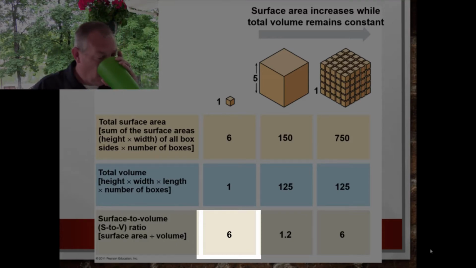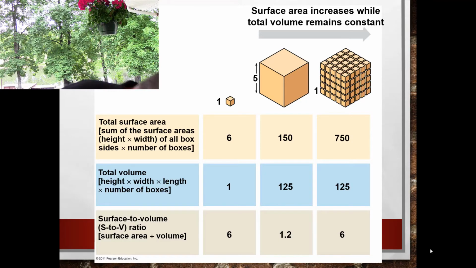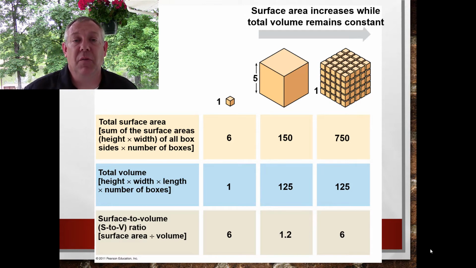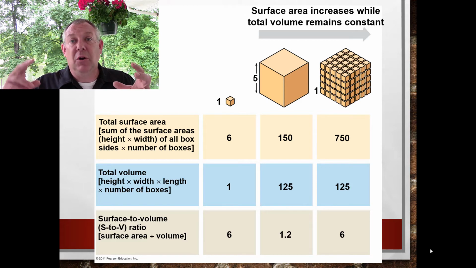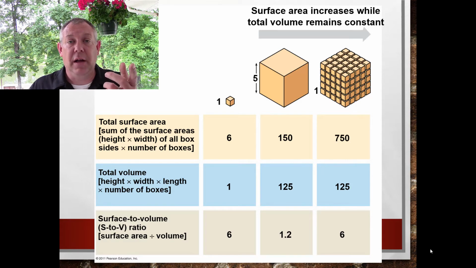Now, imagining that's a cell, we look at the evolution of organisms over time. They started off as small, single-celled organisms, but eventually became bigger. Now, there's a couple of ways that an organism can get bigger, right? You all started off as a single cell. Think about that. At one point, your dad's sperm fused with your mom's egg, and you were a single cell.